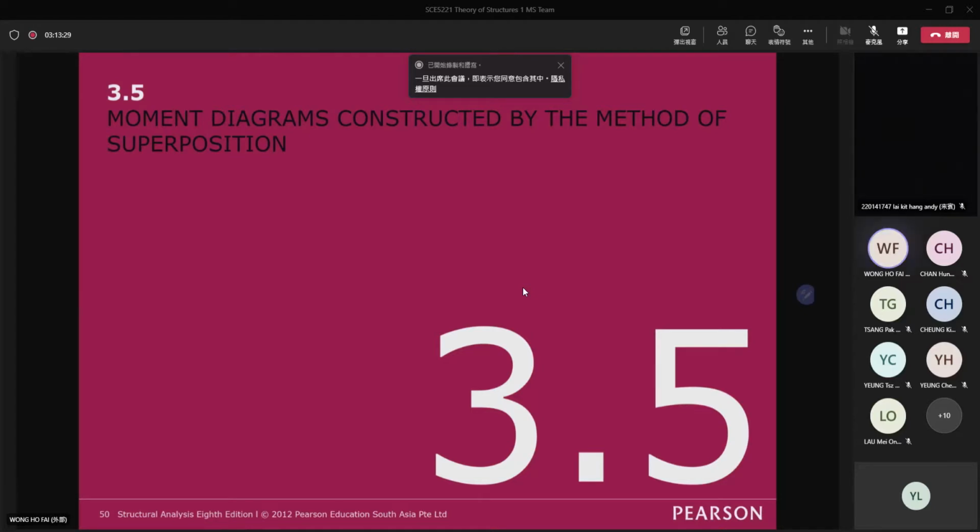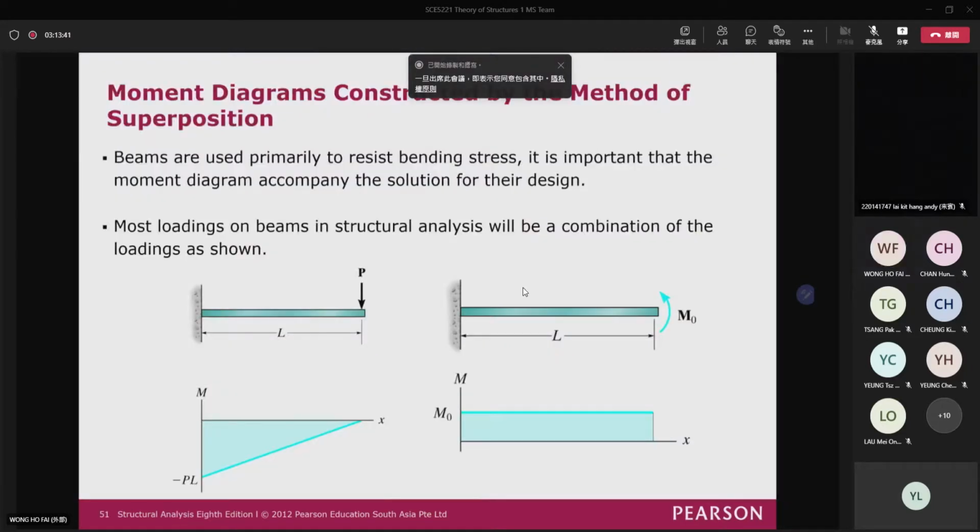And finally, I would like to mention the so-called method of superposition to draw the bending moment diagram for some complex cases. Now you know that for simple cases like cantilever structures, when you have a point load applied to a structure, it will be a bending moment like this.